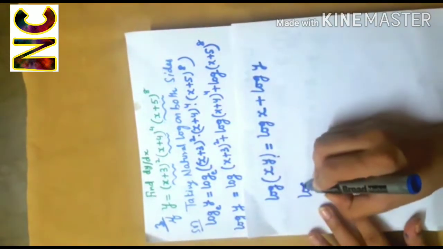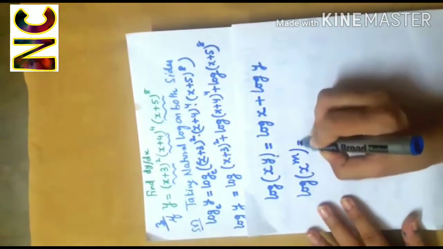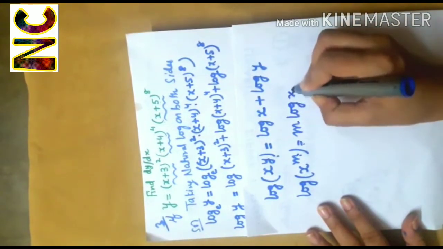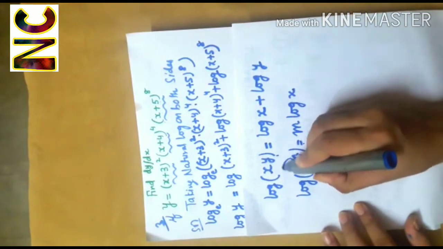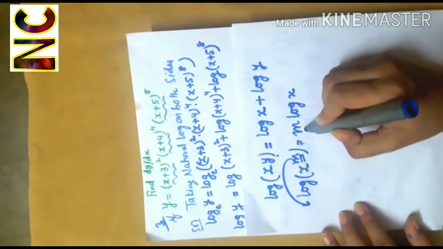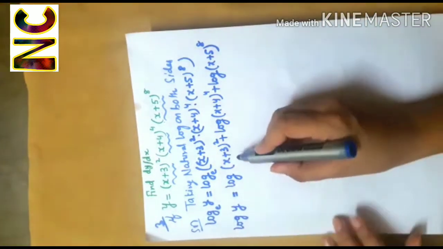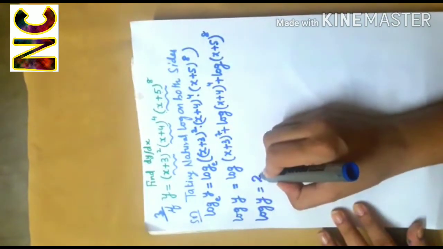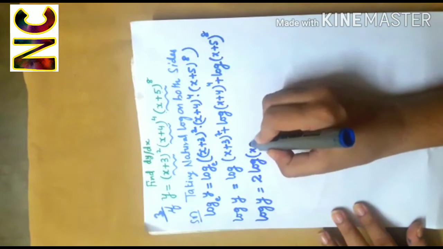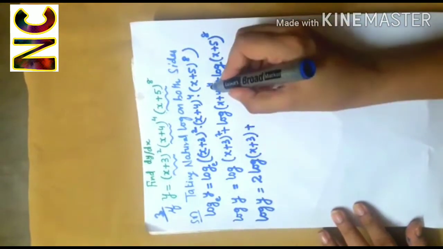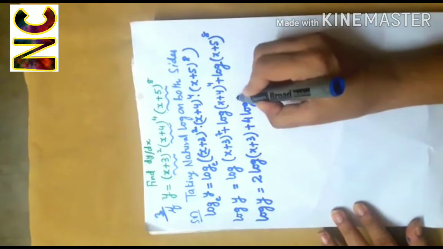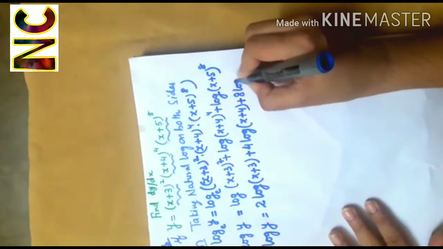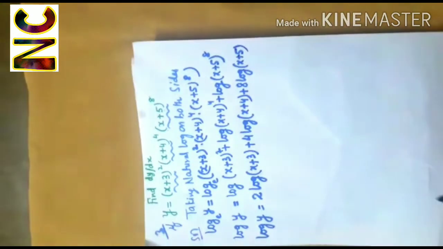And we also know that log x raised to the power m is equal to m log x. That is, this exponent comes in the front, right? So here, using this property, this exponent will come here. So I'll get 2 log x plus 3 plus this exponent will also come in the front. So 4 log x plus 4 plus 8 log x plus 5, right?